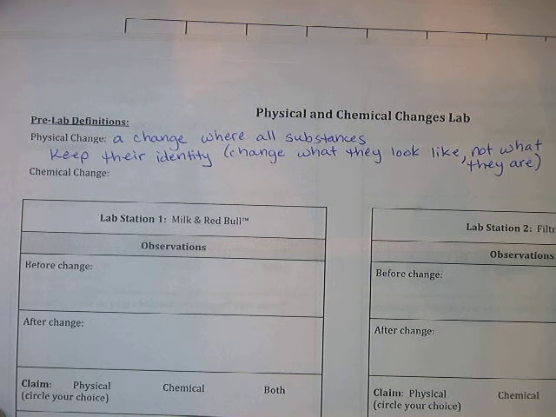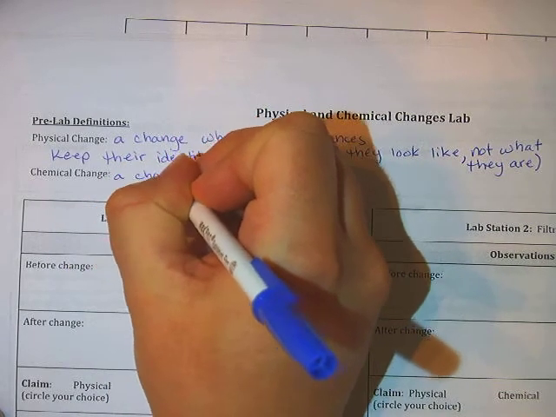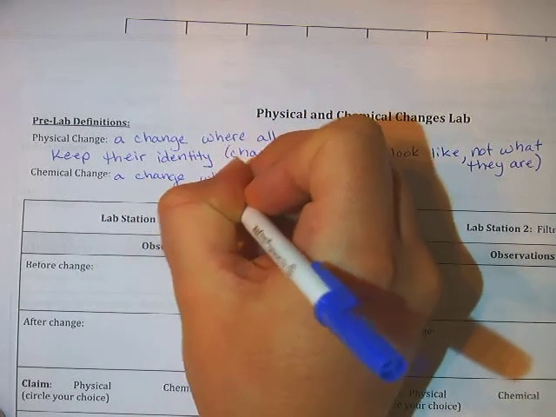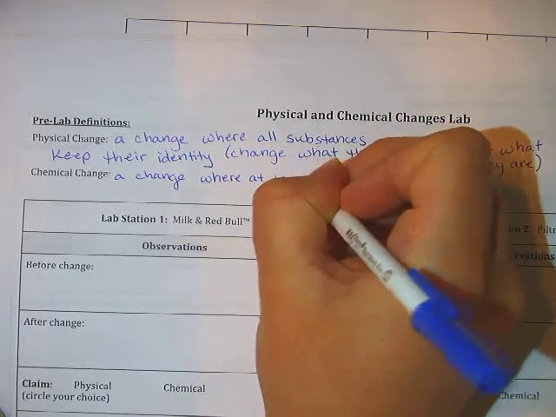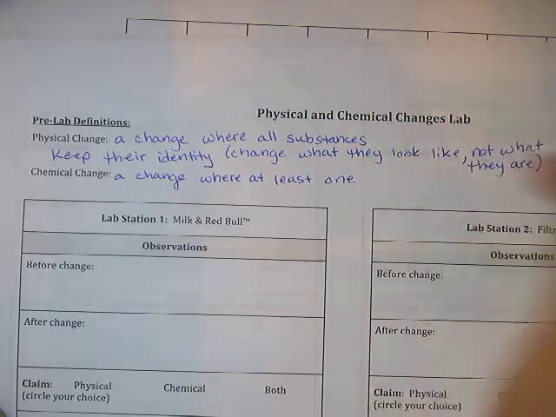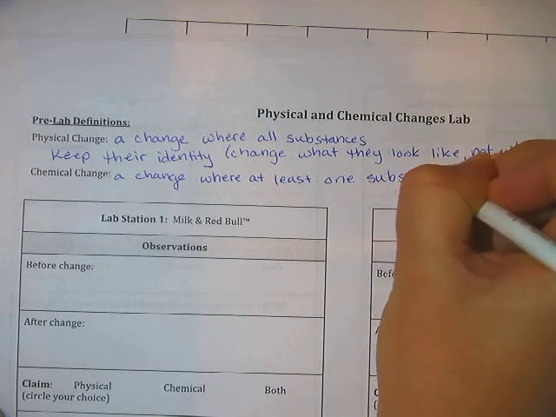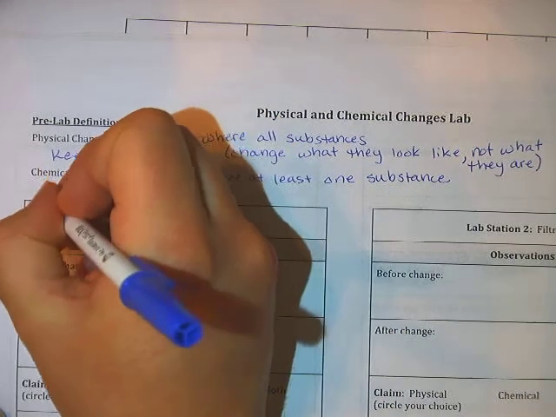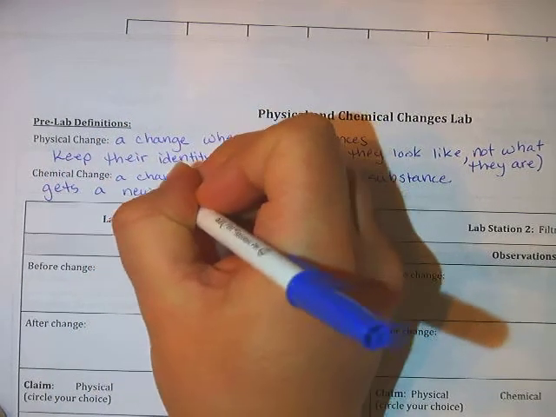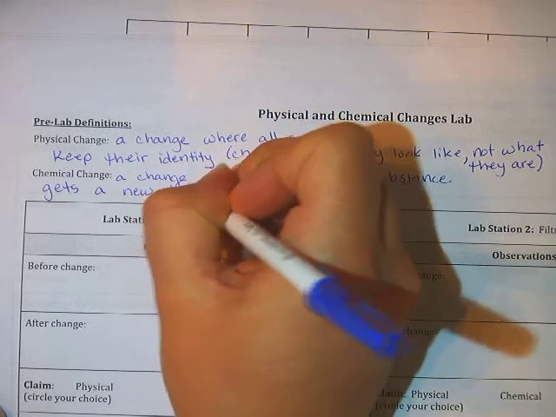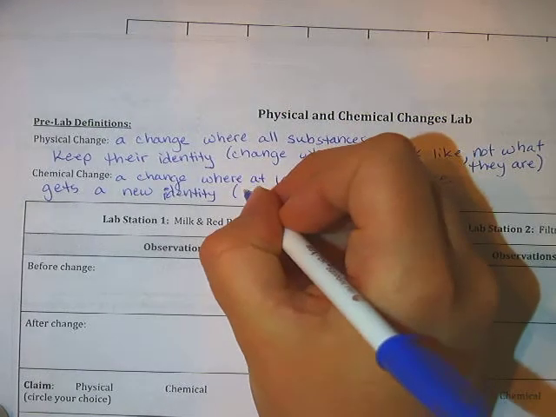A chemical change is a change where at least one substance gets a new identity. Generally, this will mean that they change both what they look like and what they are.